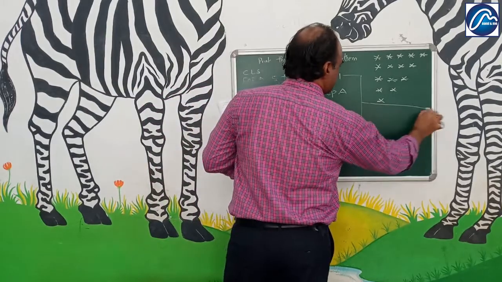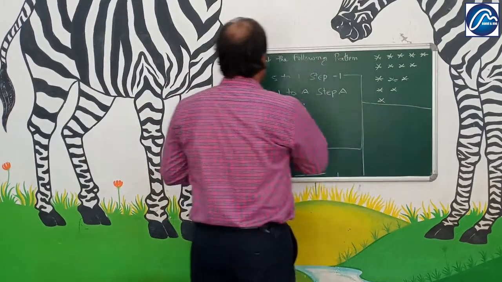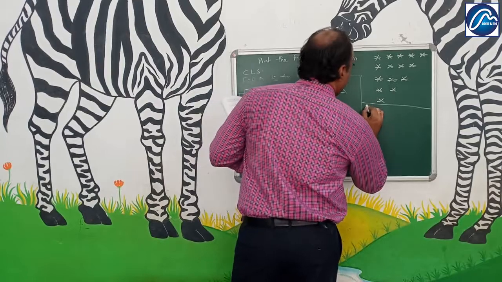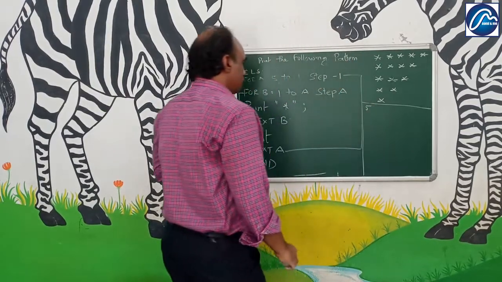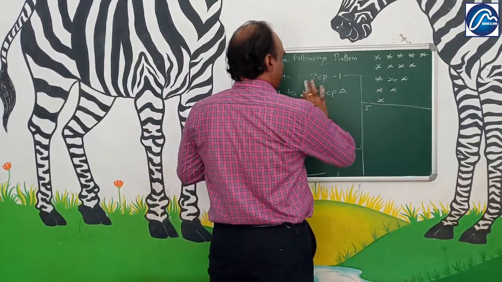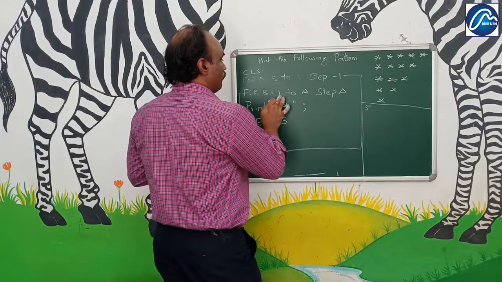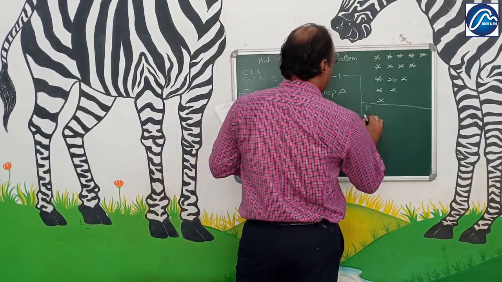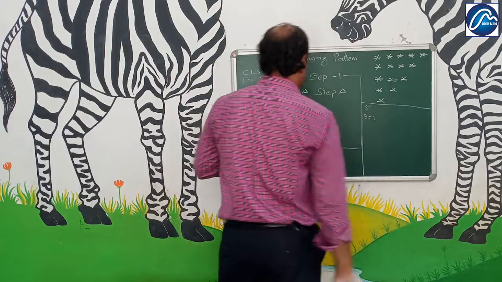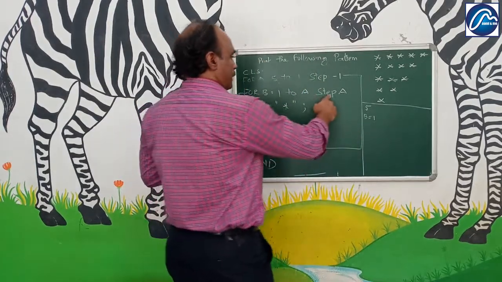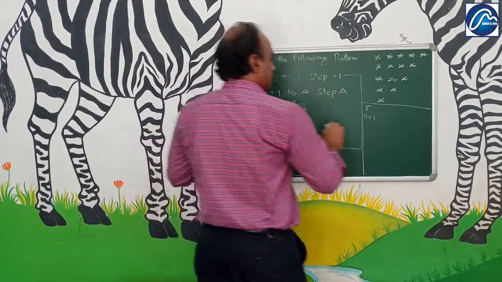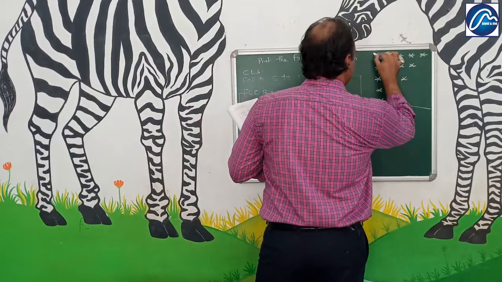Now here A will take the value to be 5. First will be CLS, screen gets cleared. A will take the value to be equal to 5. Step -1, let it be as it is. For B is equal to 1 to A. What is the value of B? B is equal to 1. Step A, let it be as it is. Print asterisk. First printing will be done.